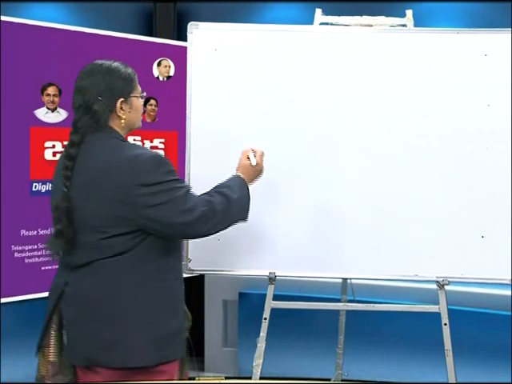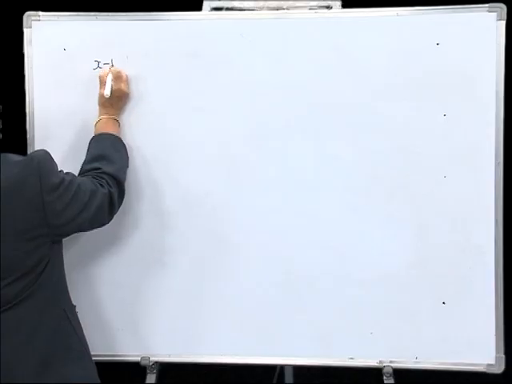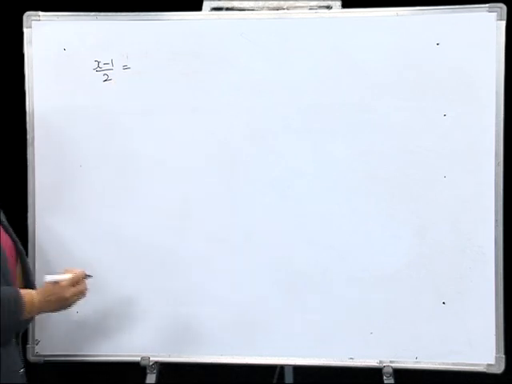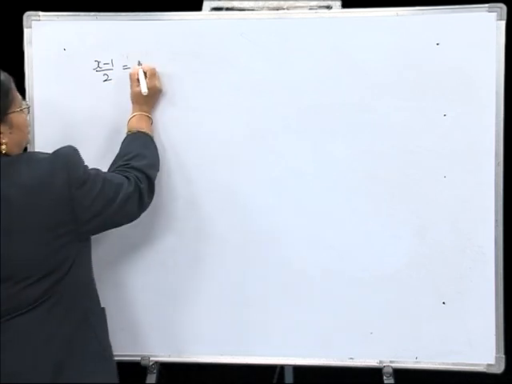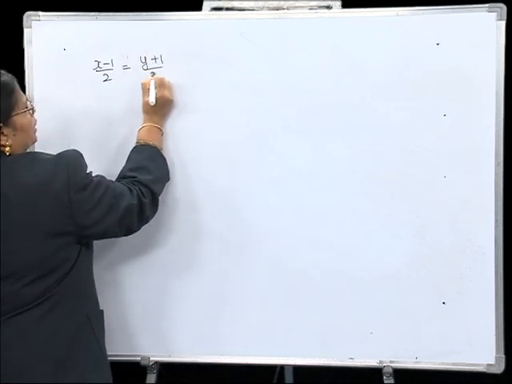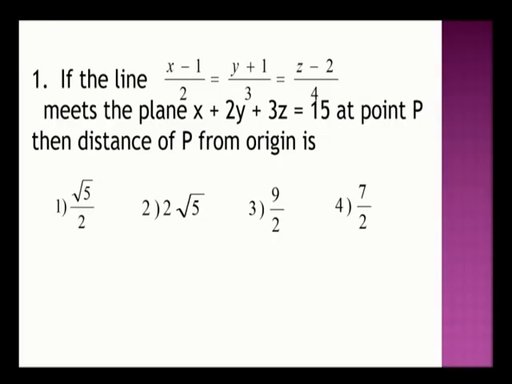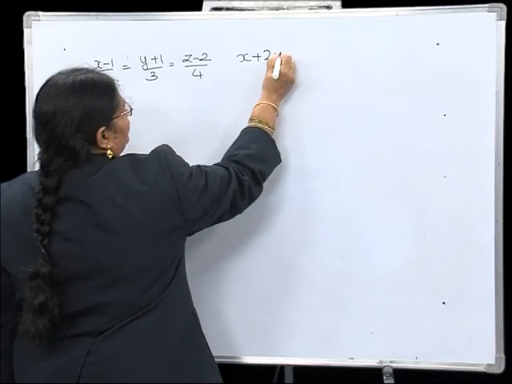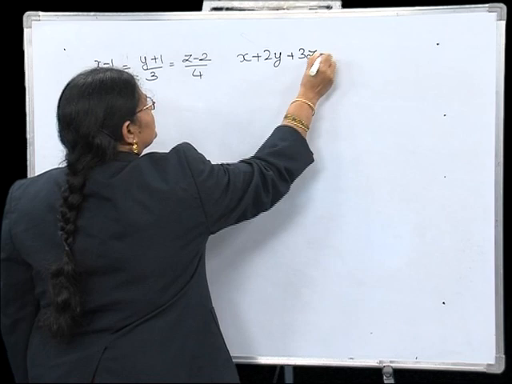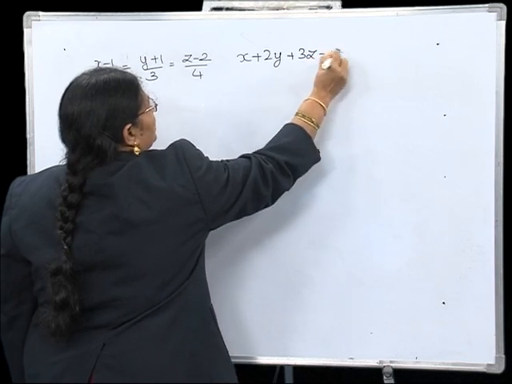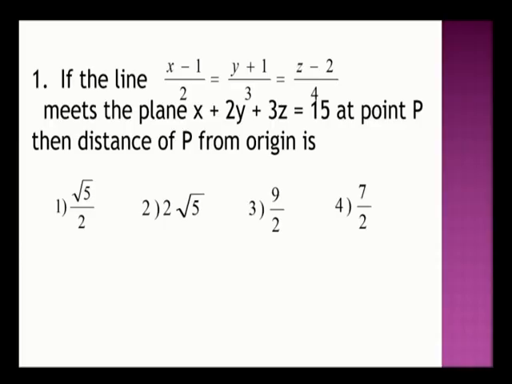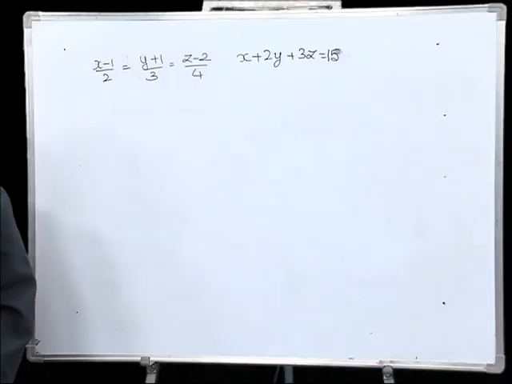If the line (x minus 1) by 2 equals (y plus 1) by 3 equals (z minus 2) by 4 meets the plane x plus 2y plus 3z equals 15 at a point P, then you have to find the distance of P from the origin.